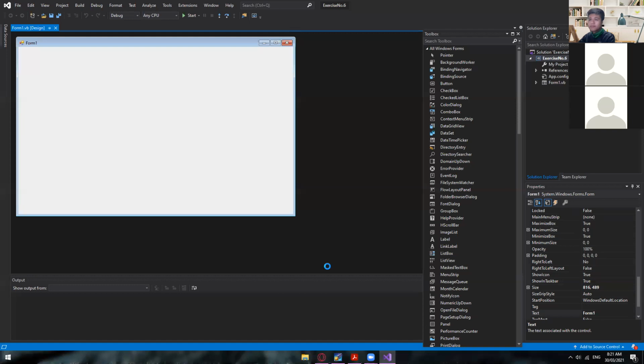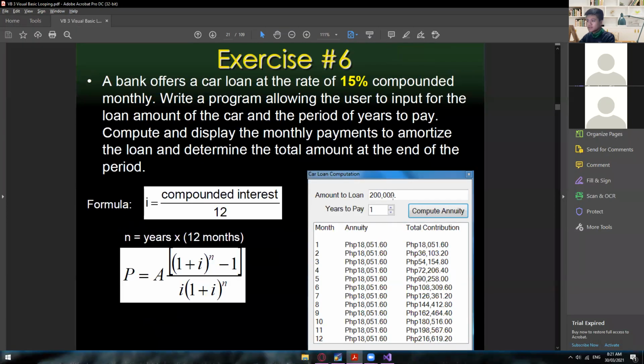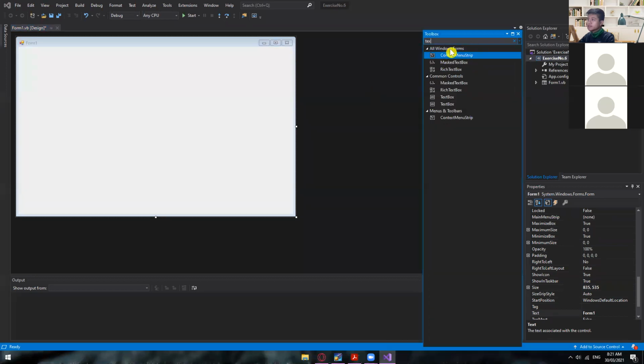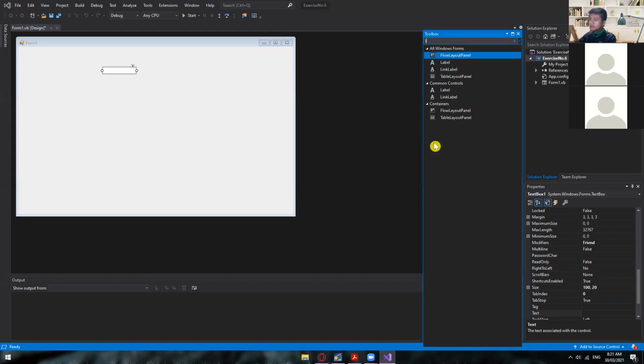Studio itself. So before that, the things that we need is a text box, numeric up down, a list box, 1 button, and then 2 labels. Okay, so a text box, label. So we need 2 labels.